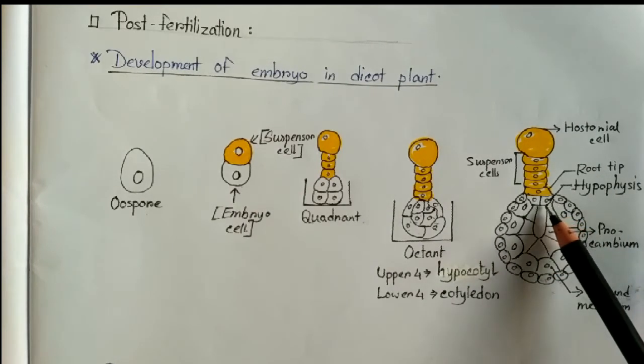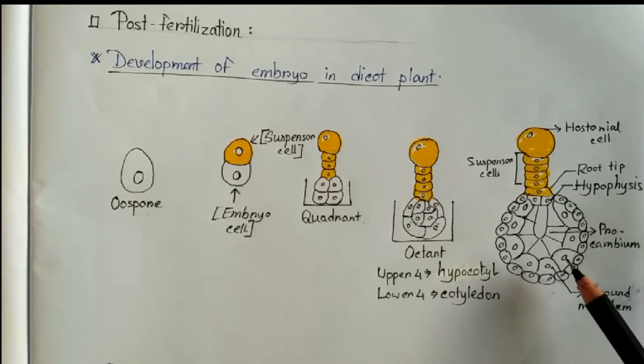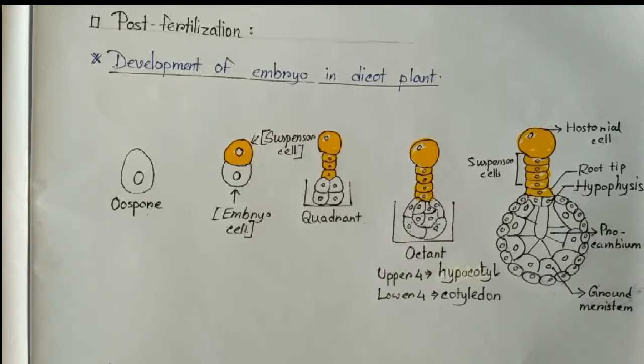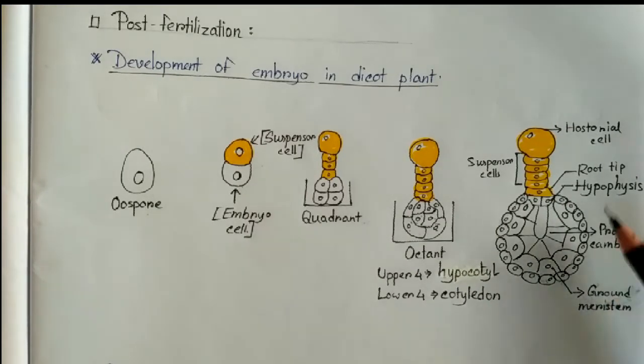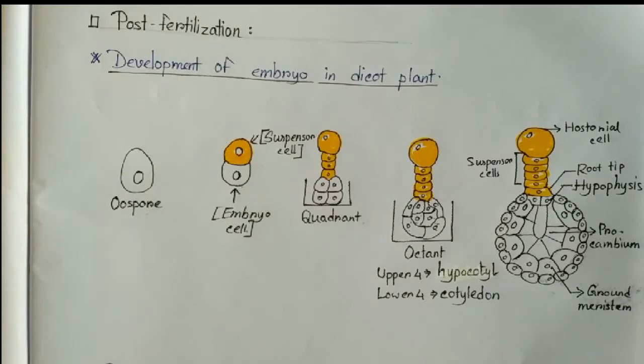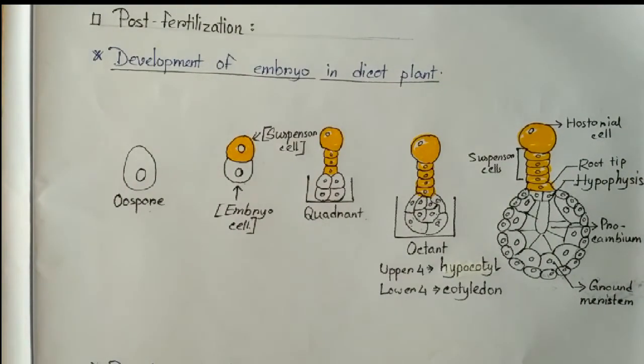The uppermost cells, these 2 cells, form the hypophysis. This is the development of a dicot plant, and this shape further becomes heart shaped, or in the shape of a horse's foot.